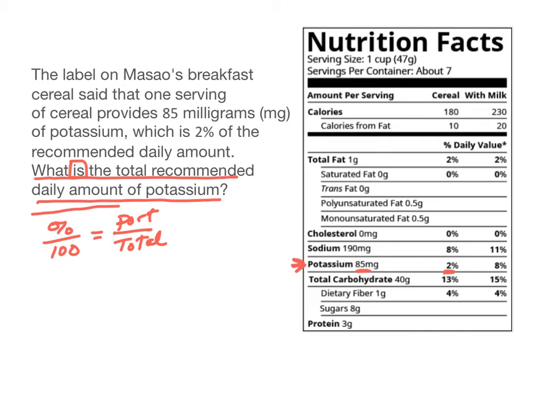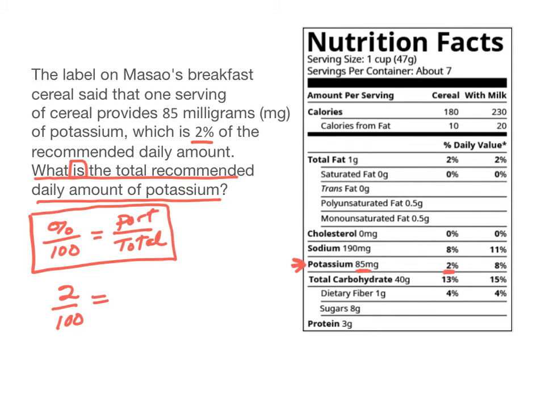That is our typical percent proportion. Percent over 100, because the percent is always out of 100. So in this case, we have 2% of the recommended daily amount. So we're going to take 2 and put it over 100. Now in this case, we're not using the decimal form because we're using 100 in our proportion.